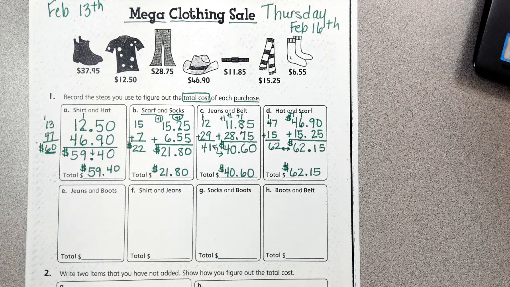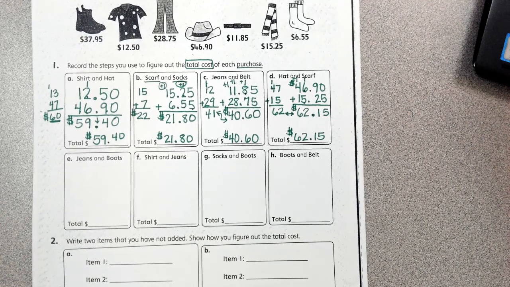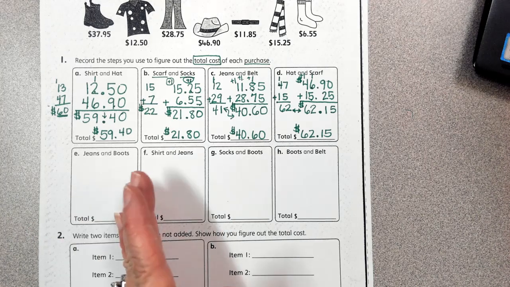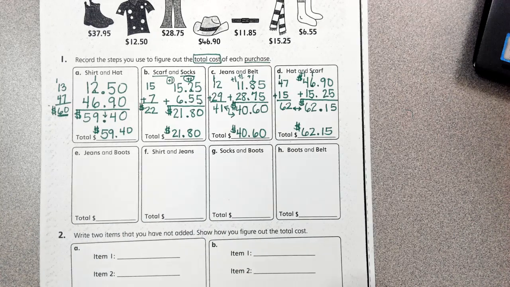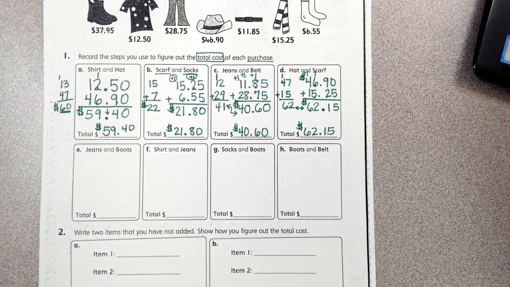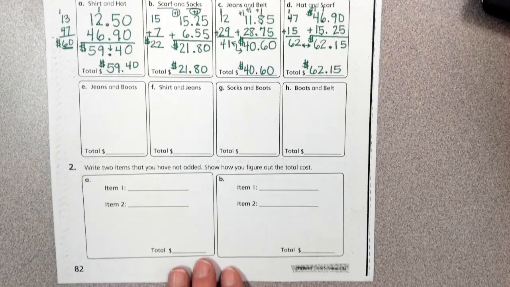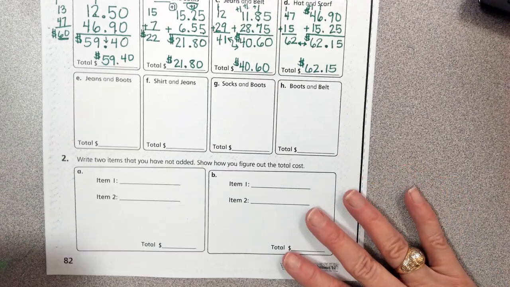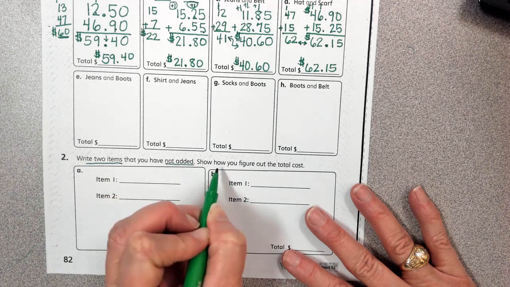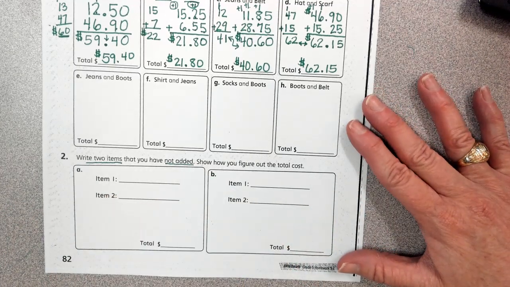Alright, boys and girls, so now it is your turn. You're going to complete the other 4 on your own, making an estimate and solving just like we did, making sure that when you get your answer that it is reasonable by looking at your estimate. And then down here at the bottom, you're on your own for this. I want you to write 2 items that you have not added and show how to figure out the total cost.